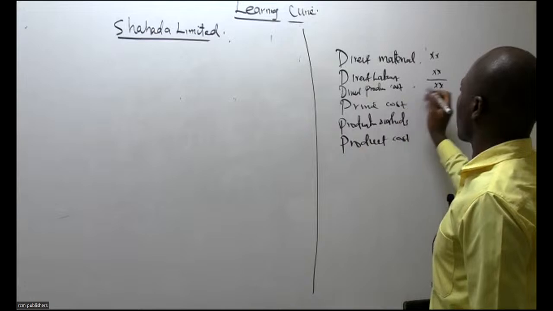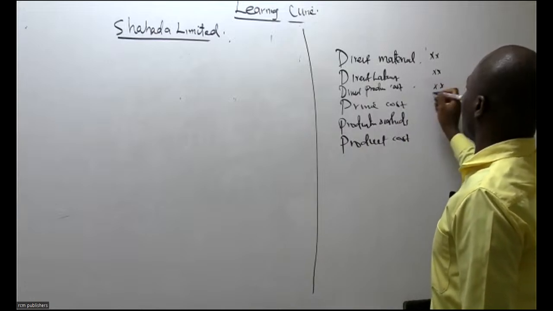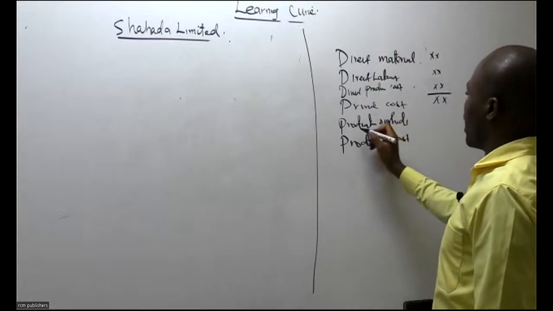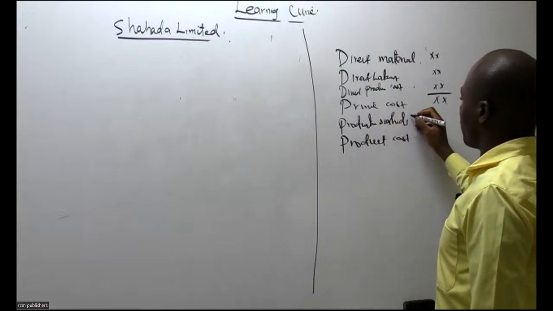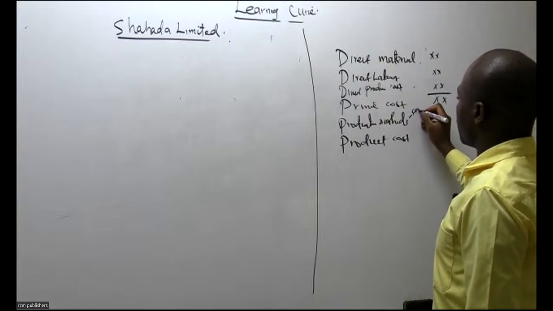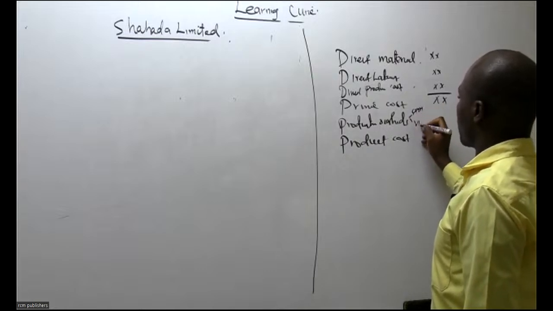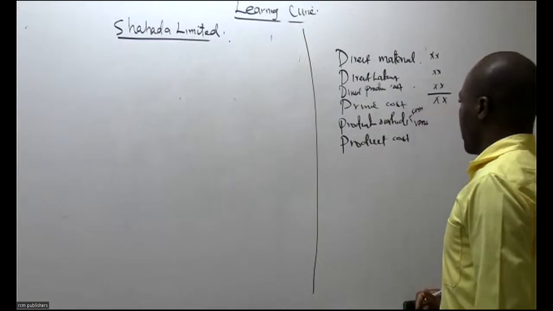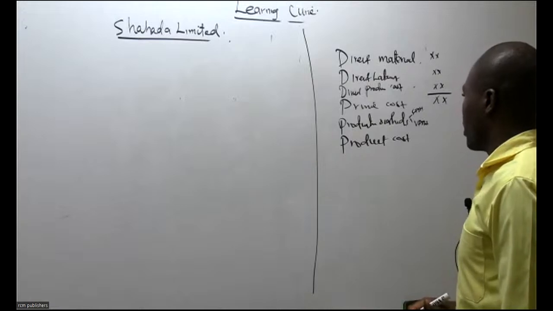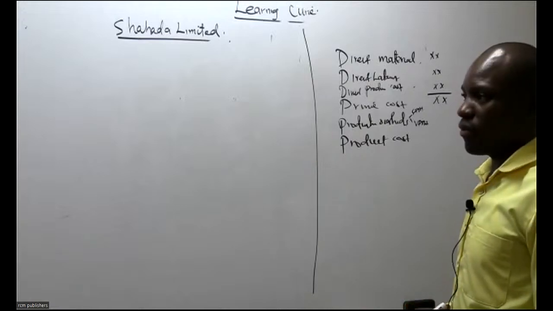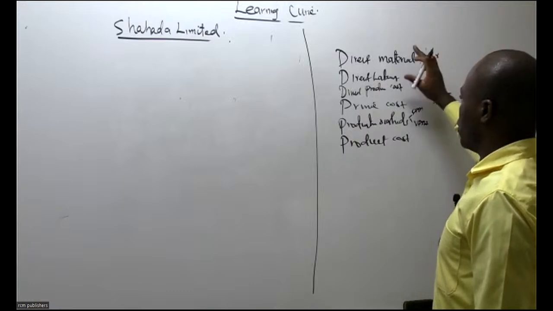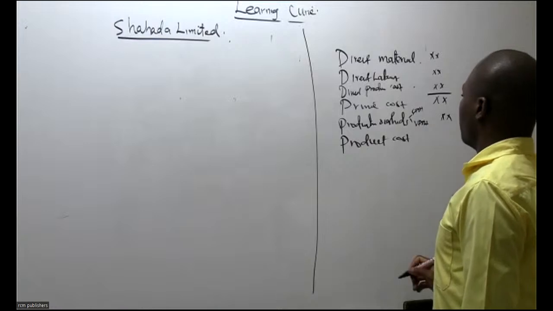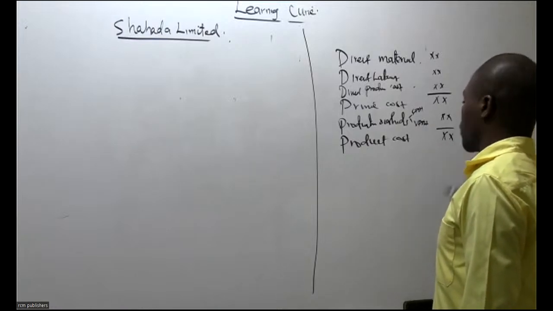When we add any other direct expense, we'll be able to get prime cost. After getting prime cost, we add production overheads, which we know very well. We have fixed production overhead, we have variable production overhead. This specification here, we are going to do more of it when we get to transfer pricing, whereby you're going to look at marginal and absorption costing. Here, we bring all of them, and then we get product cost.